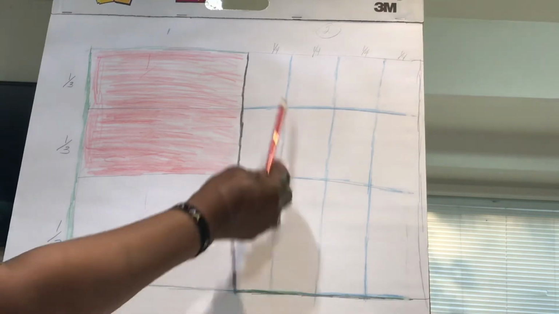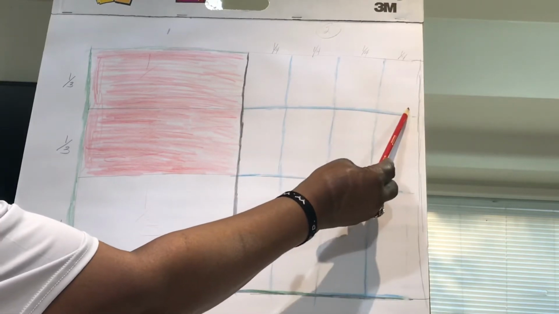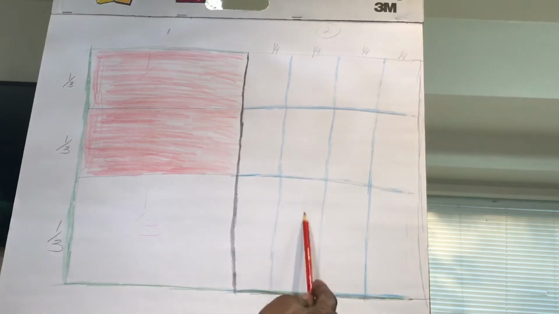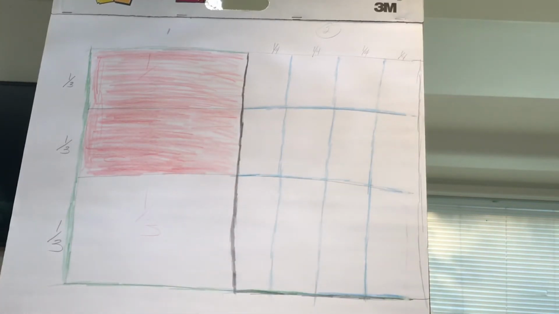So if you look at it, I have 1, 2, 3, 4. 1, 2, 3, 4. 1, 2, 3, 4, which makes a total of 12/4 cups of sugar. So I want to shade in 2/3 of the 3/4.